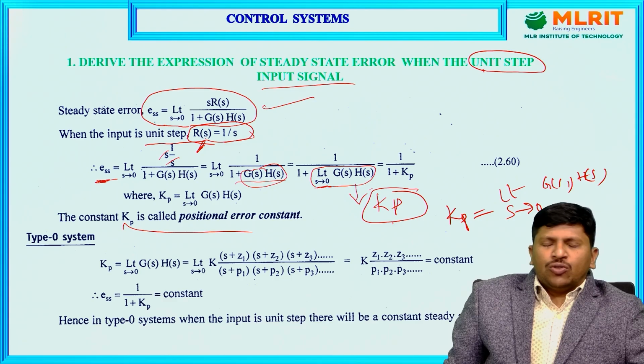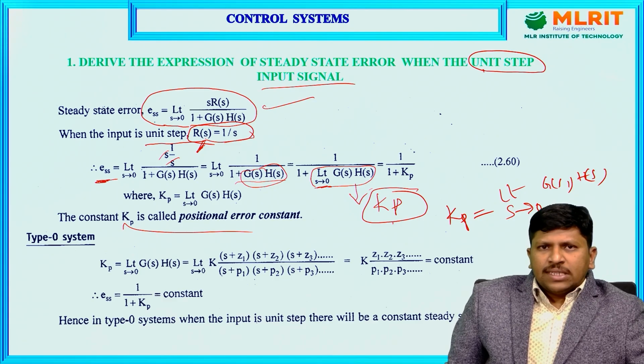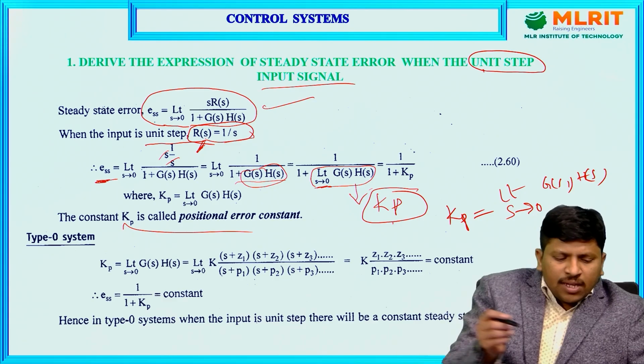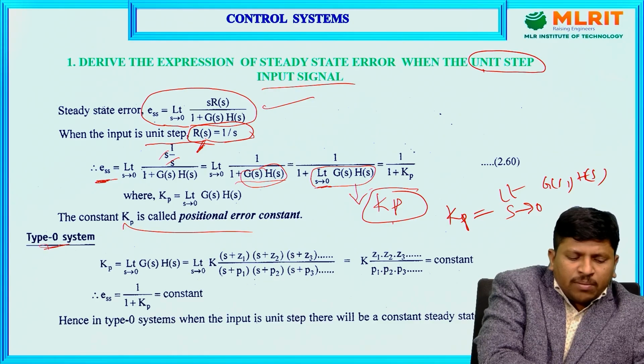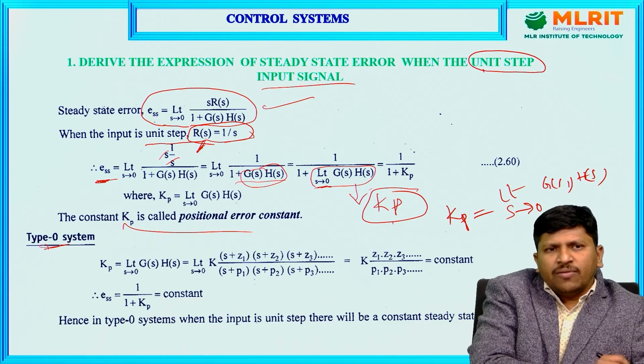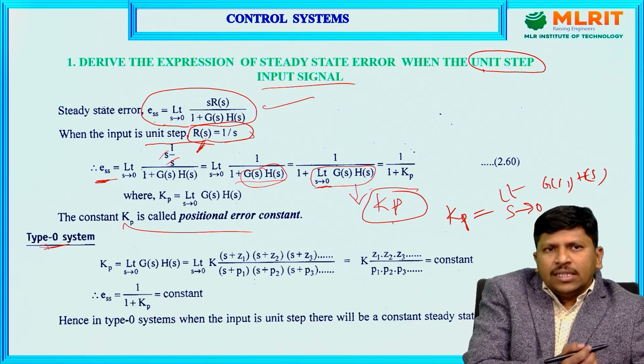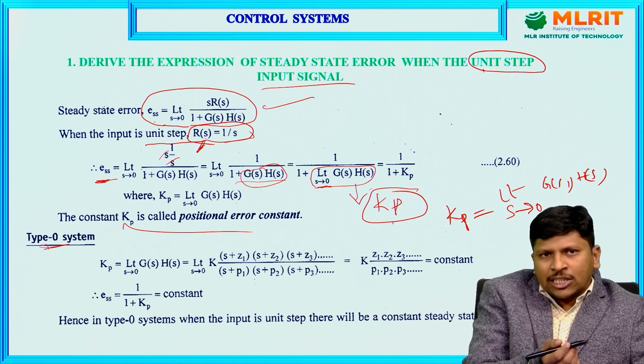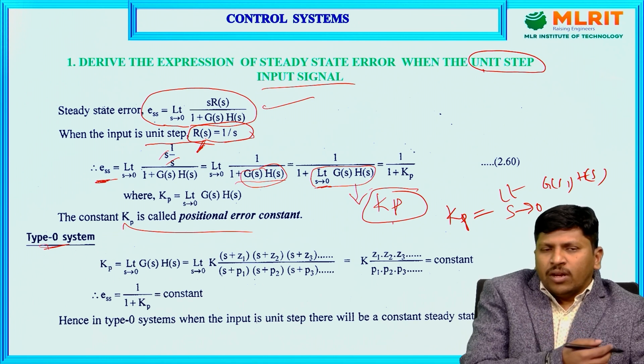Now the steady state error for a type 0 system. What is meant by type, I already explained in previous sessions also, along with type and order.